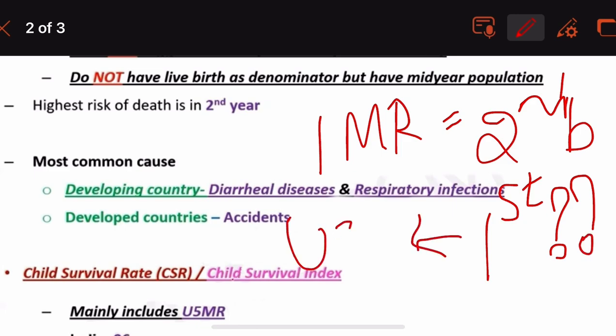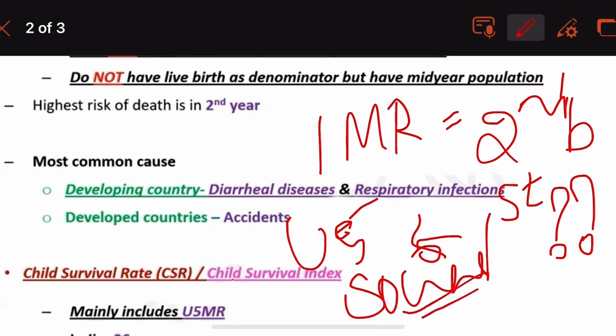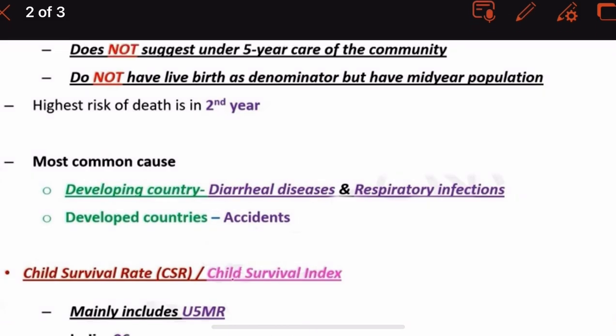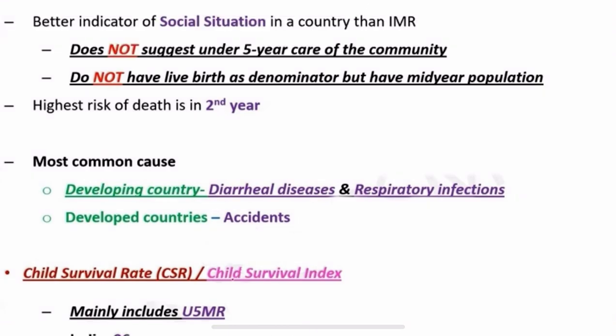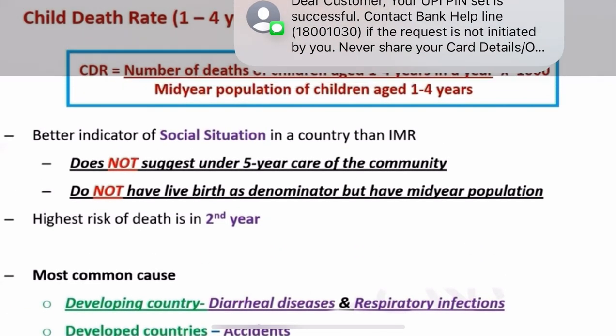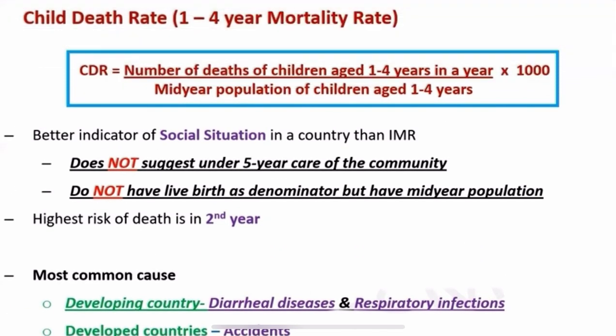It is the under 5 mortality rate, and the social situation can also be well given by the 1 to 4 year mortality rate. Don't forget, if they ask about the social status of the community, you have to consider that the child death rate is a good indicator.